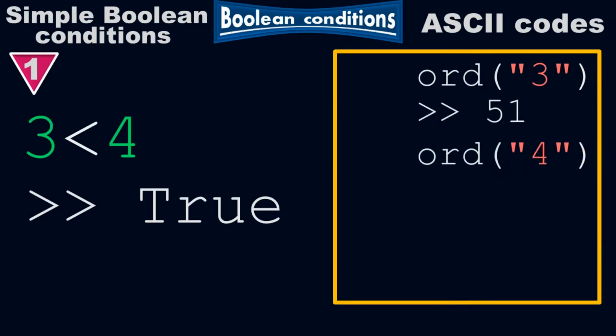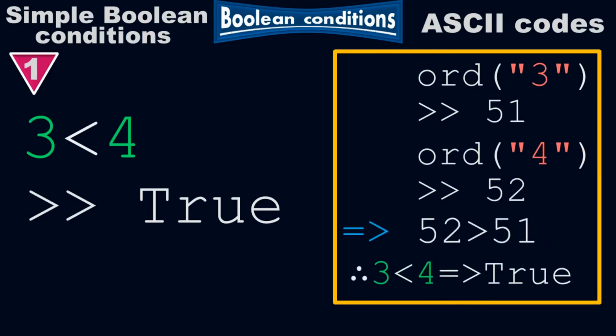The ord of 4 is 52, which implies that 52 is greater than 51. Therefore, 3 is less than 4 is true. These 51 and 52 are the ASCII codes of 3 and 4.